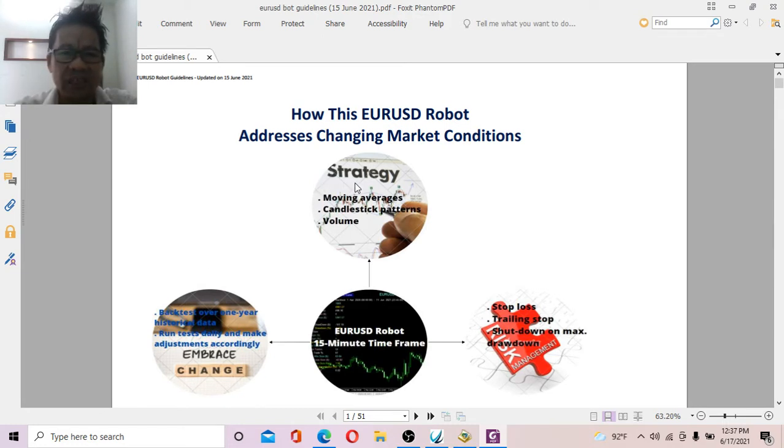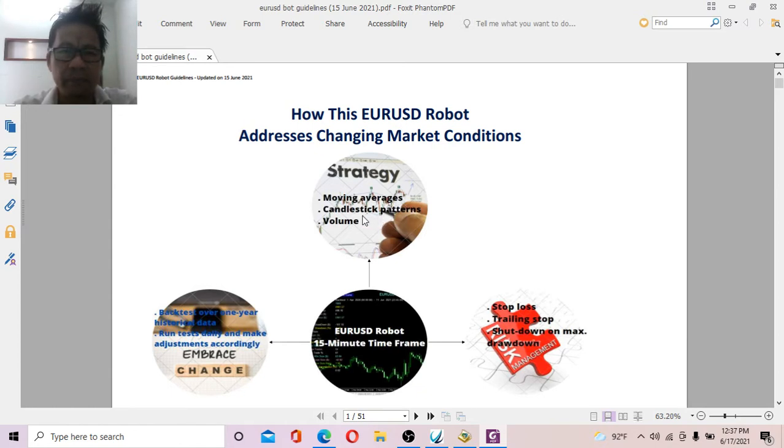Now for strategy, I use three moving averages, 50, 20, and 10, and I use candlestick patterns, which are key in my strategies. Over the years, I accumulated many candlestick patterns, which actually work and which do not.